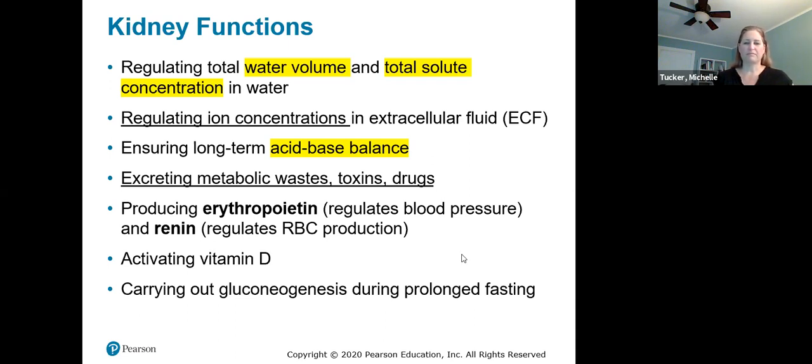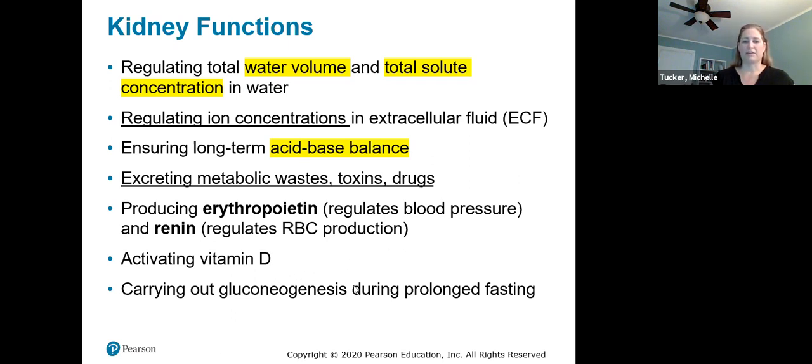And then for mean arterial pressure, when it decreases, renin production and secretion is going to occur. And I just realized on the slide, these are reversed. Producing erythropoietin regulates red blood cell production, and renin regulates blood pressure. So I'll correct that and put up a better version.